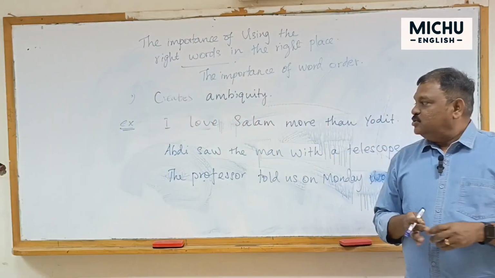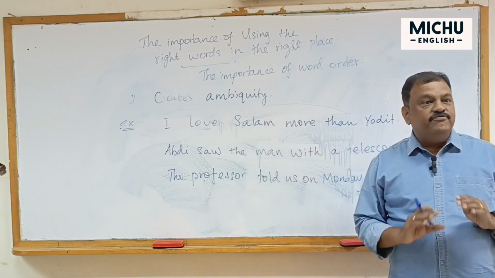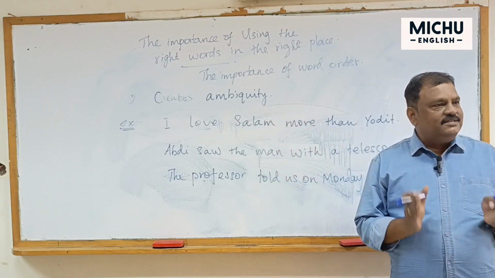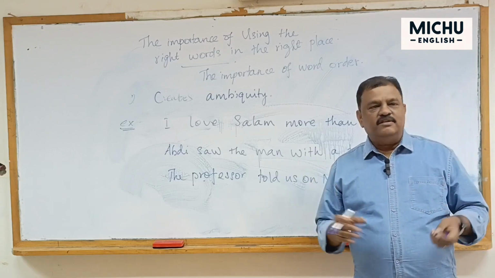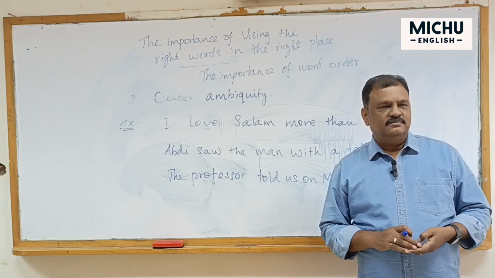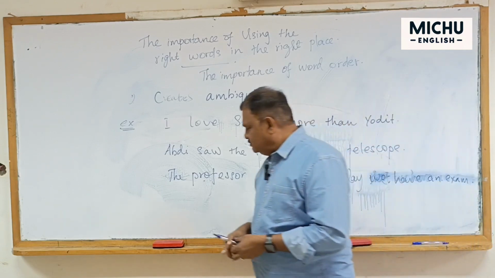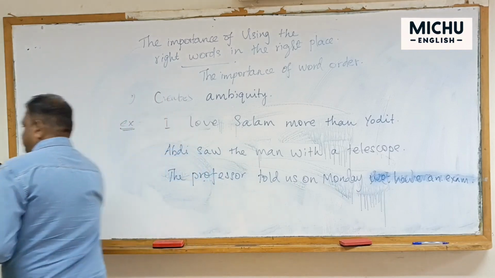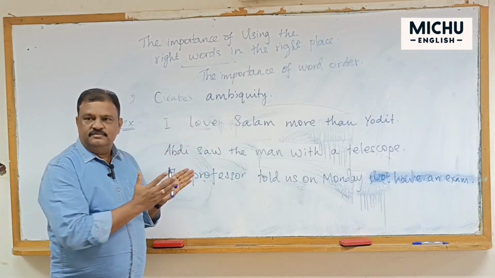Good. So this is how we create ambiguity if we do not know how to write exactly, using the right words in our sentence. Got the point? Right. The third one is, in order to make it clear, it's better to write separately.